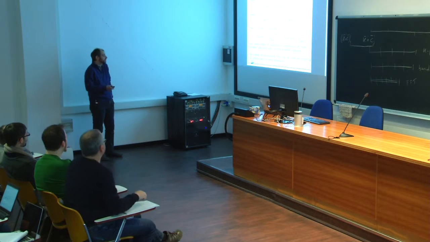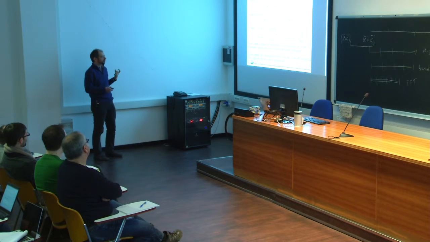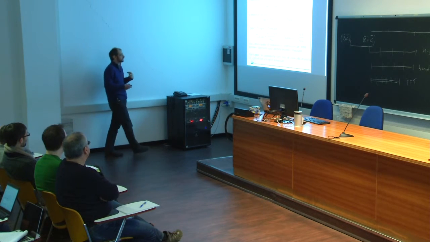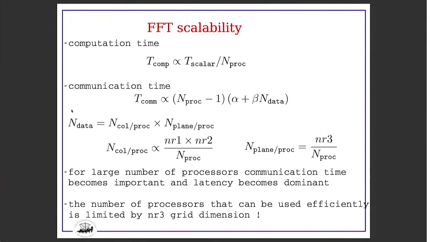The amount of data decreases with the number of processors because you have less data on each processor, but eventually you pay mostly the latency, and the communication time is proportional to the number of processors involved. So for a large number of processors, communication time tends to be dominated by latency. I don't know if we are already there, it depends on the system when this sets in, but eventually it will happen.